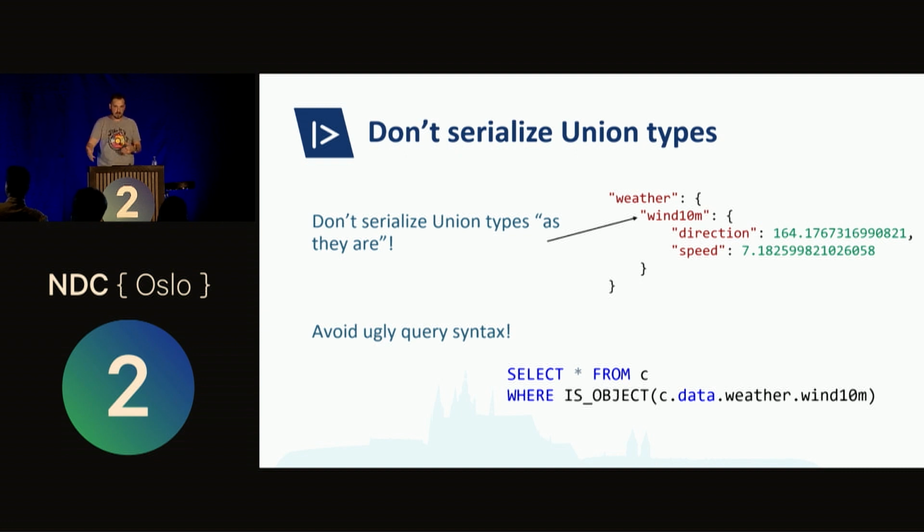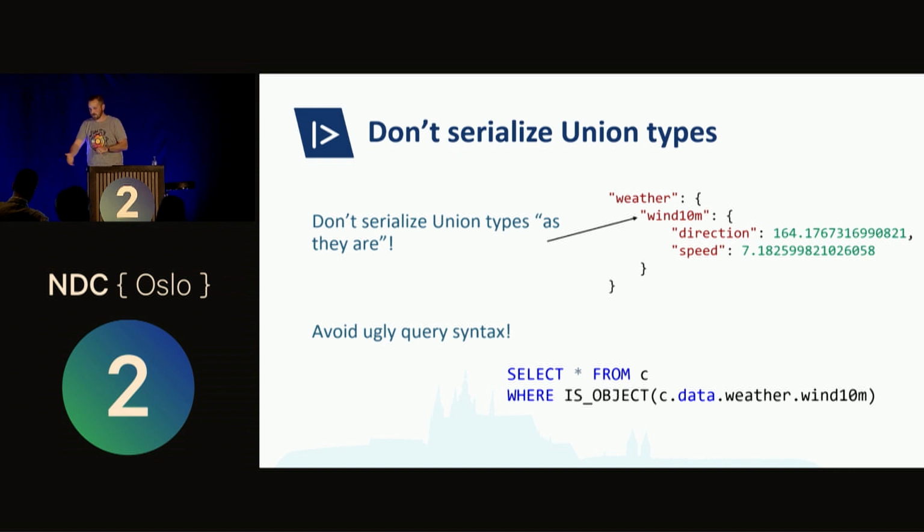Especially in Cosmos DB, if you store it as JSON, there is a SQL dialect available with, fortunately, some functions that you can use. But really, don't do it. Think about the future. Think that you will read the data one day in a totally different way. So just forget, on the IO level, on the database level, that union types ever exist.